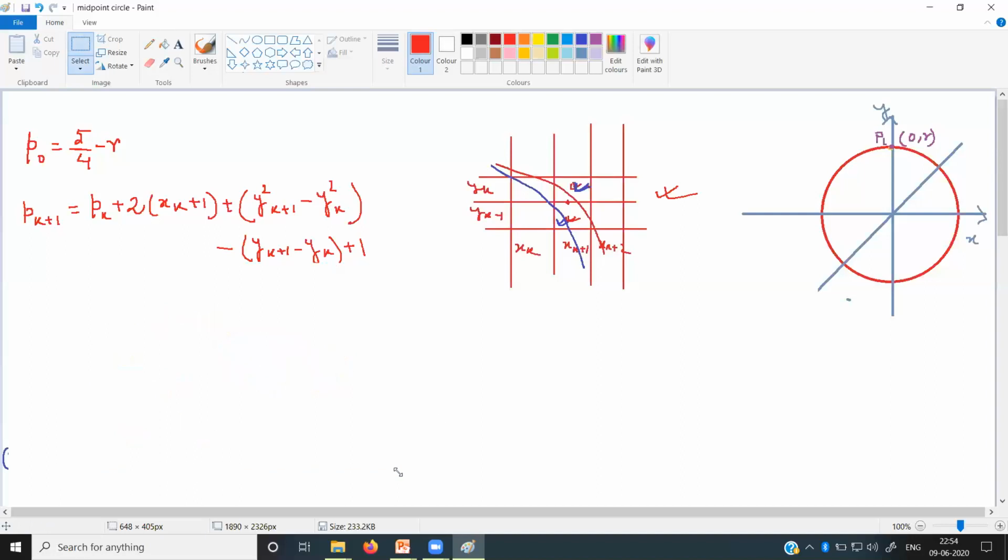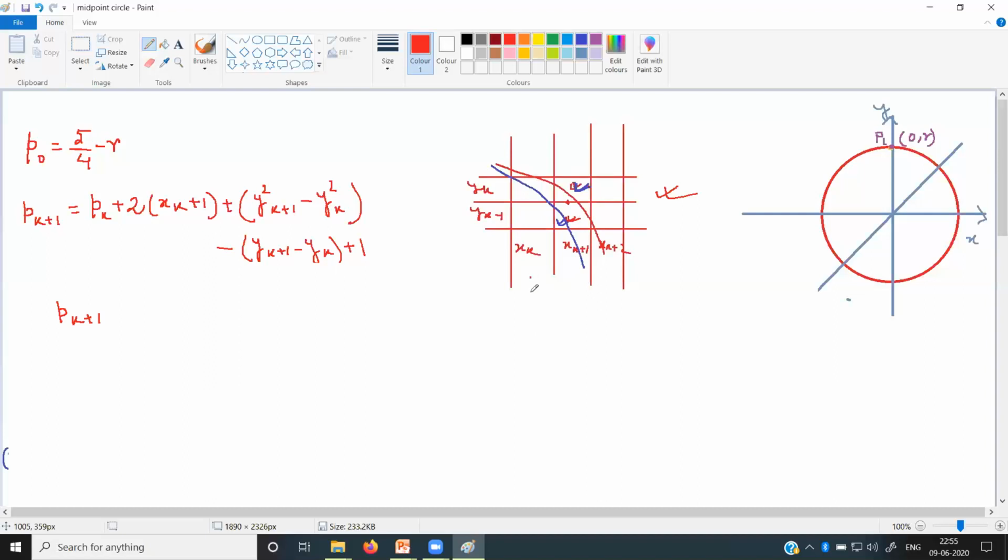Now, what will we do? At the k plus 1th iteration, what do we know? We know p of k plus 1. If I want to find out the y value for the k plus 1th iteration, I have to compute this p of k plus 1 from the previous iteration.